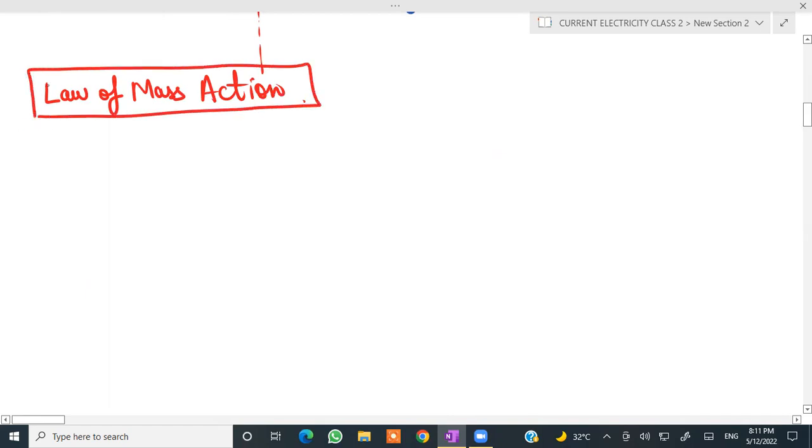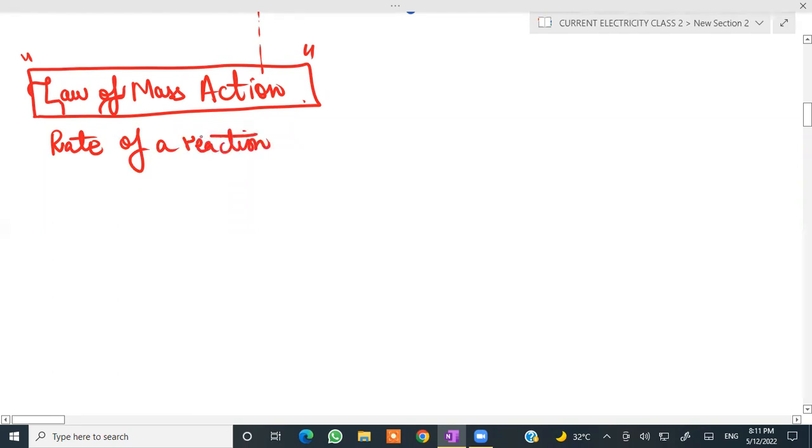And I've seen a lot of MCQs being asked on this law. Right, so what is the law of mass action? The law of mass action actually tells you it's a law of rates of a reaction, right? It tells you about the rate of a reaction. It tells you that the rate of a reaction is proportional, it is dependent.